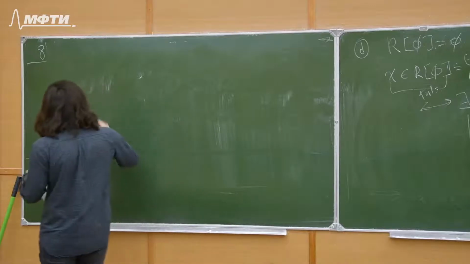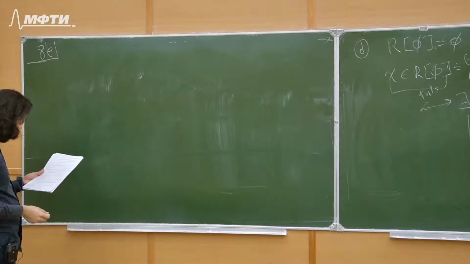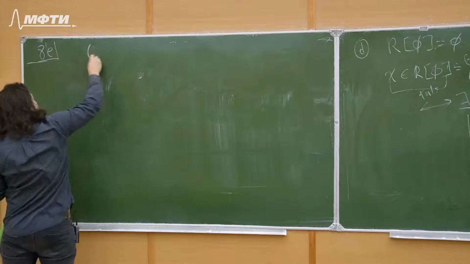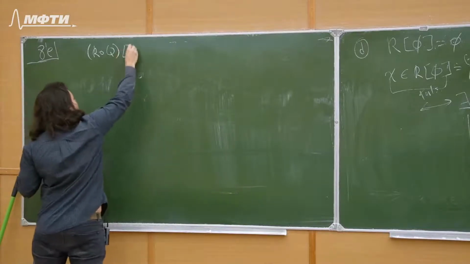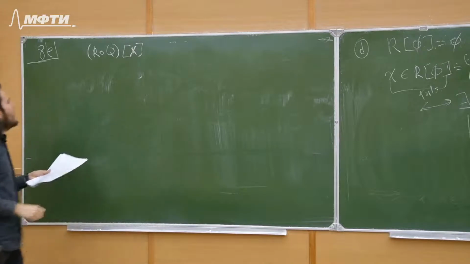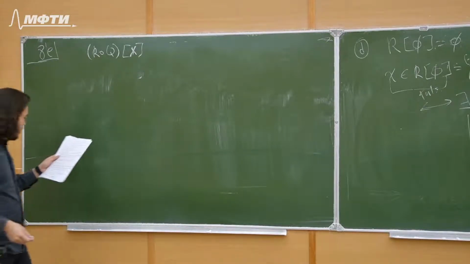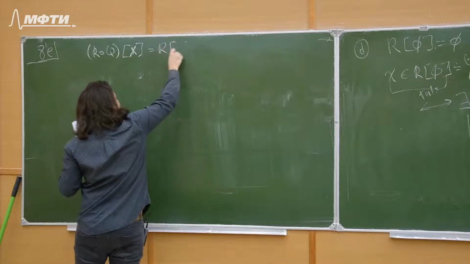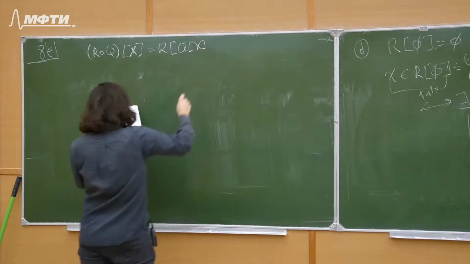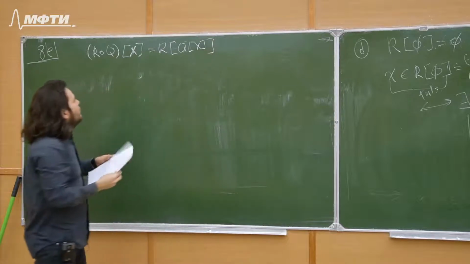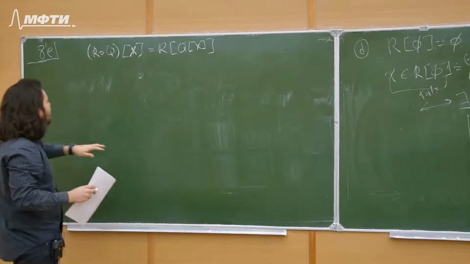So here we have E. We need to prove that the composition R composition Q, the image of X under this binary relation that is a composition, should be equal to the image under R of the image of Q of X. So the image of Q of X under the relation R. Okay?